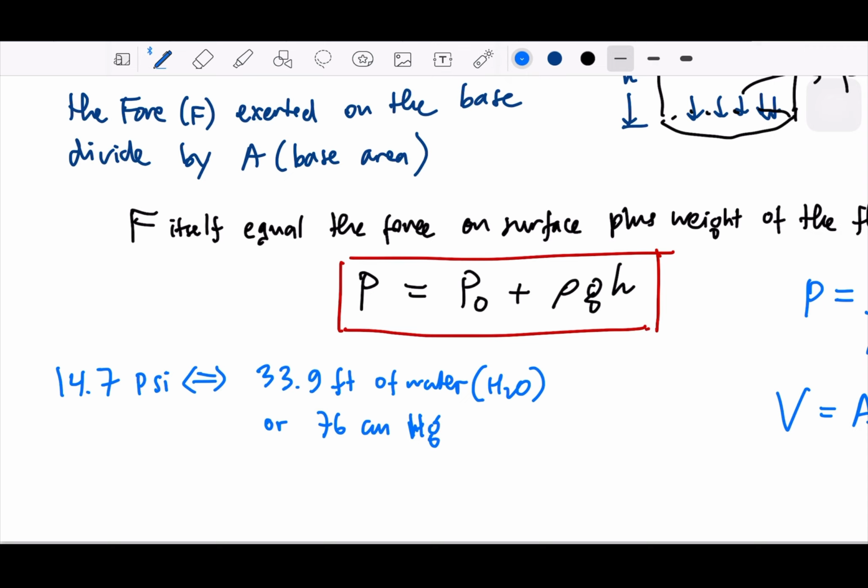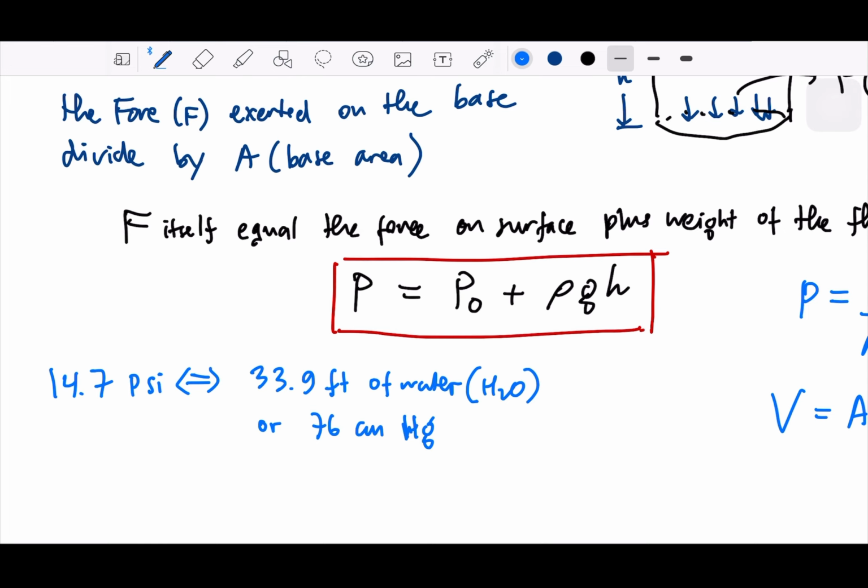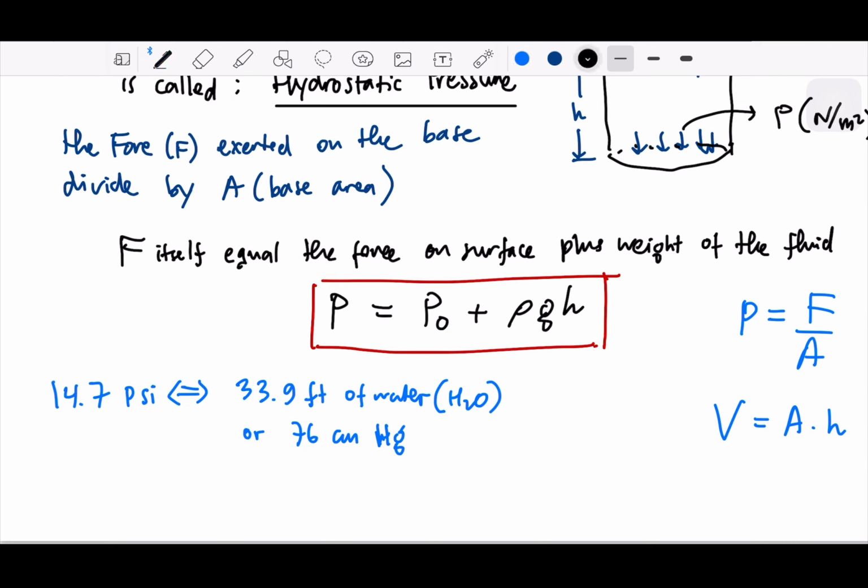And if you want to know the height itself, if the pressure on the surface is 0, which means the P0 is 0, that means that P, as in the force divided by area, will just be the density of the fluid, gravity, and the pH, or head of fluid.